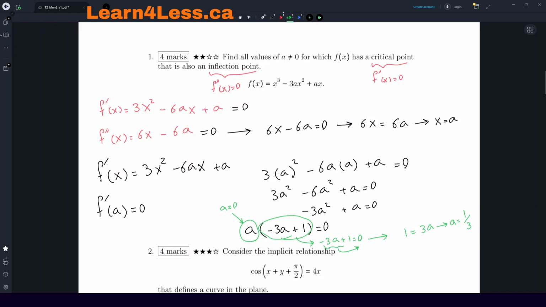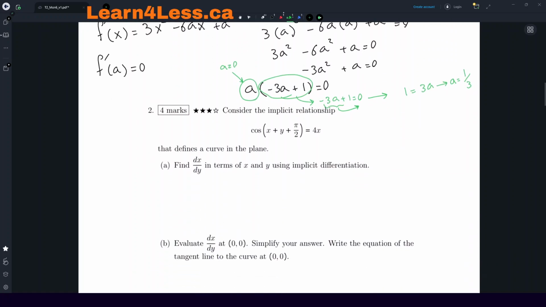So basically, if a is equal to 1/3, at x equal to a, which is 1/3, both the second derivative and the first derivative would be 0, which means the inflection point and the critical point are at the same point.